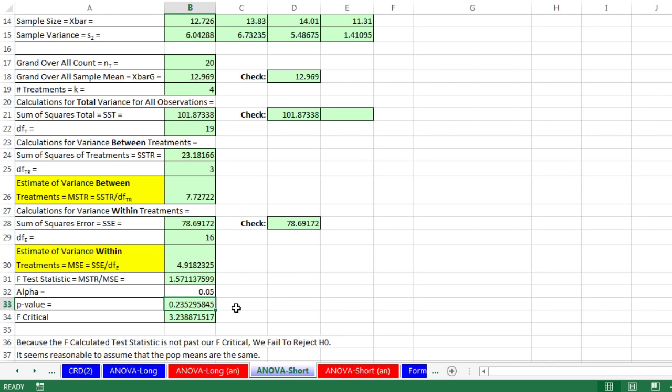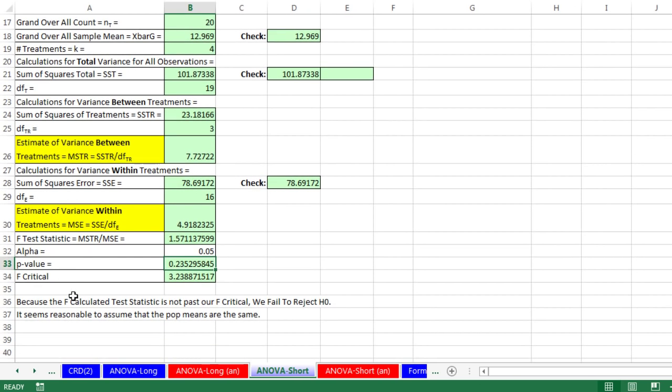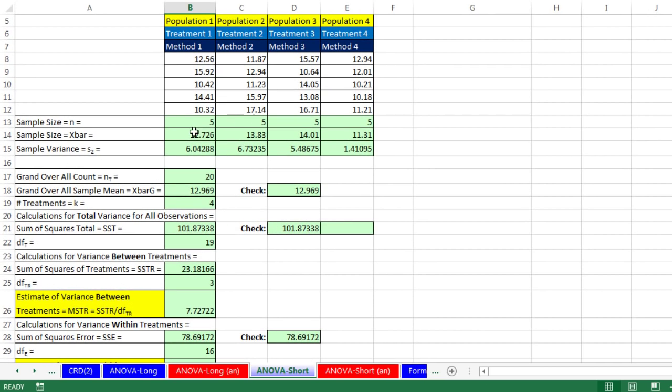There's that probability of 0.235. So because our F calculated test statistic is not past our F critical, we fail to reject the null hypothesis. It seems reasonable to assume that the population means are the same. Even though there's sampling difference up here between each one of our times for each one of our manufacturing methods, the differences are not significant.